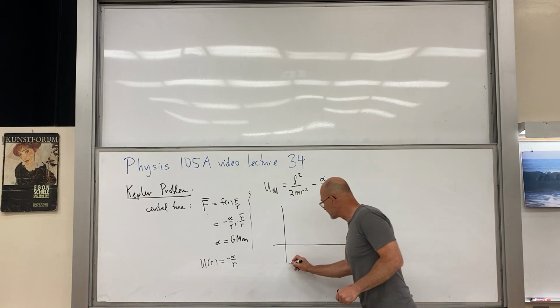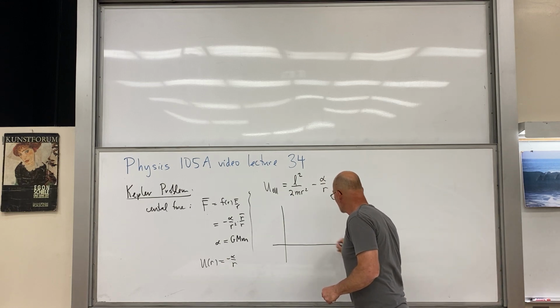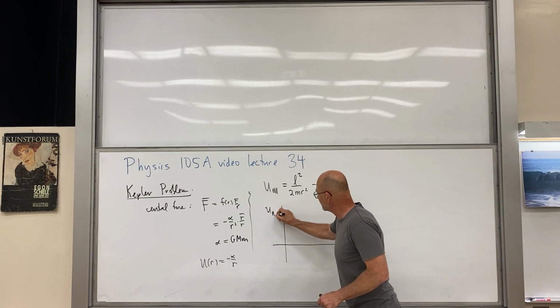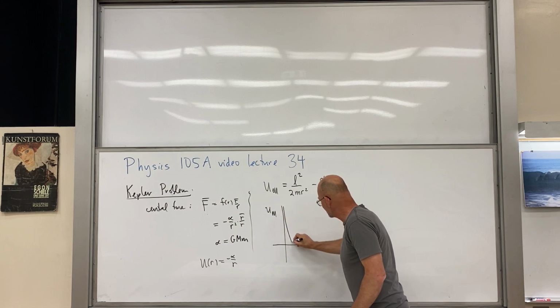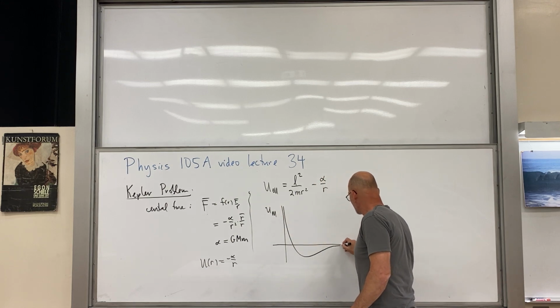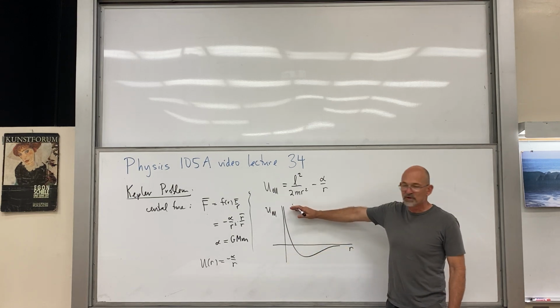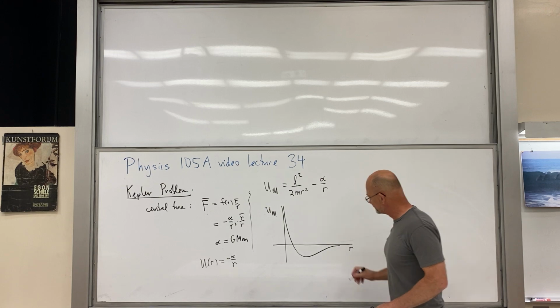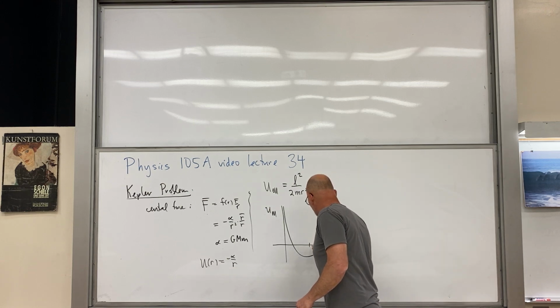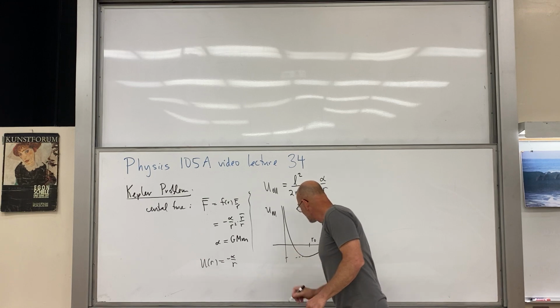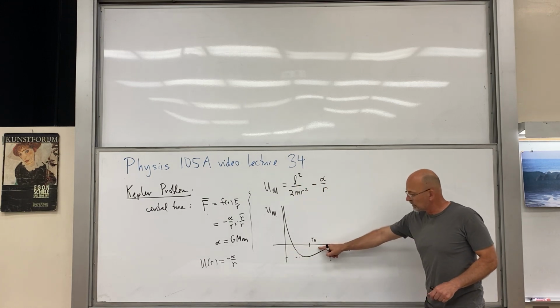In fact, let's keep this graph pretty large. This is the effective potential, and we'll accentuate the fact that there's a regime of negative energies and a regime of positive energies. R sub 0, we know, was a circular orbit.